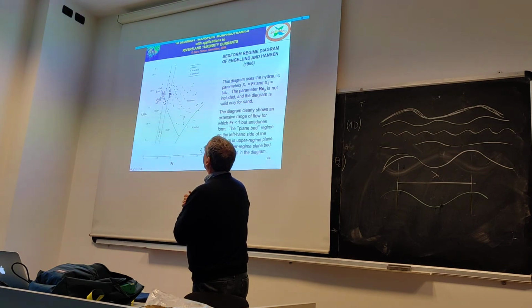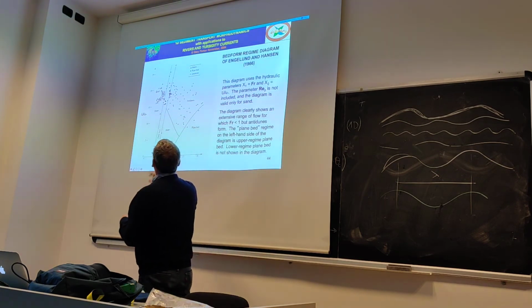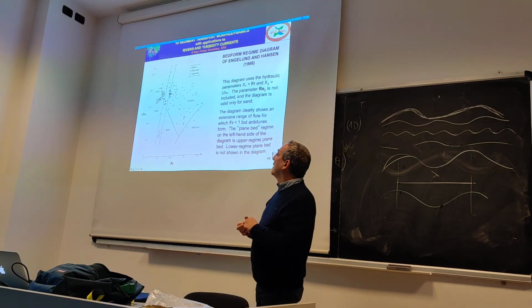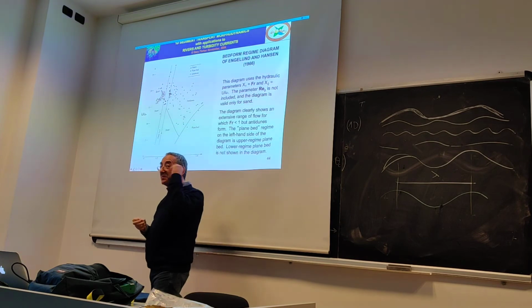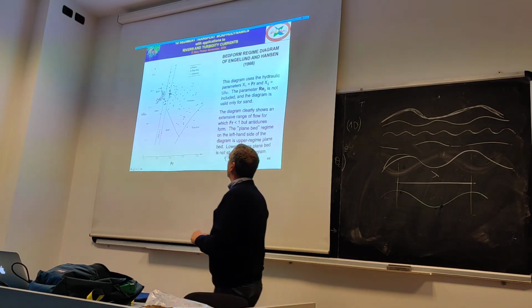So you can think in both ways, but the important thing is that they did experiments for these different values of these two parameters, which characterize, in a sense, the resistance and then the bed shear stress, so the action of the flow on the sediment.